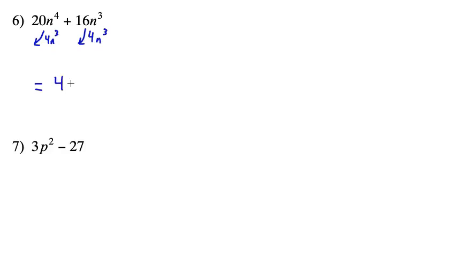All right, so we're going to factor out a 4n cubed. Now, when we divide 20n to the fourth power by 4n cubed, 20 divided by 4 is 5. N to the fourth power divided by n to the third power is n. 16 divided by 4 is 4, and n to the third divided by n to the third is just 1. Those cancel each other out.